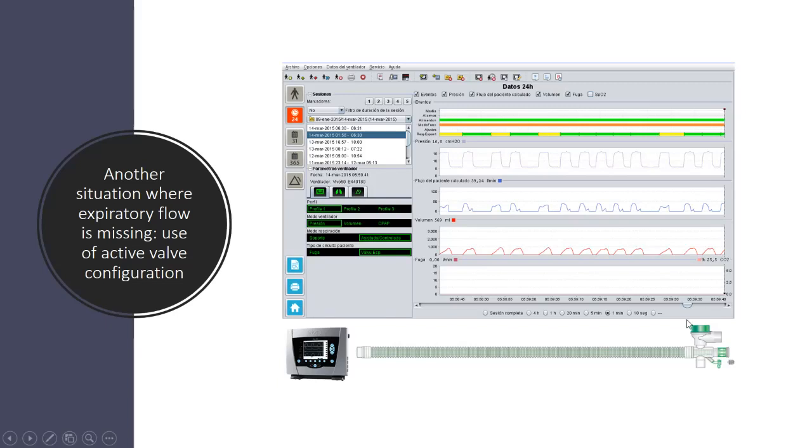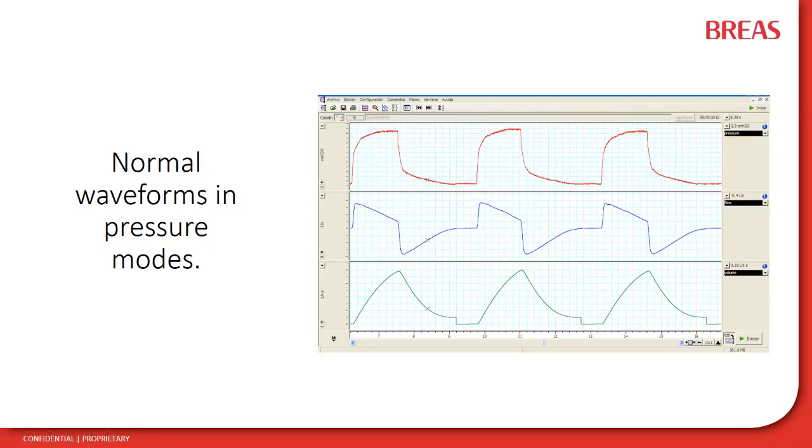If you are using an active valve, the expiratory flow is eliminated through the active valve, so it does not reach the ventilator. And you can see here that the flow waveform does not contain the expiratory waveform. Okay, these are the basic concepts for interpreting the volume modes.